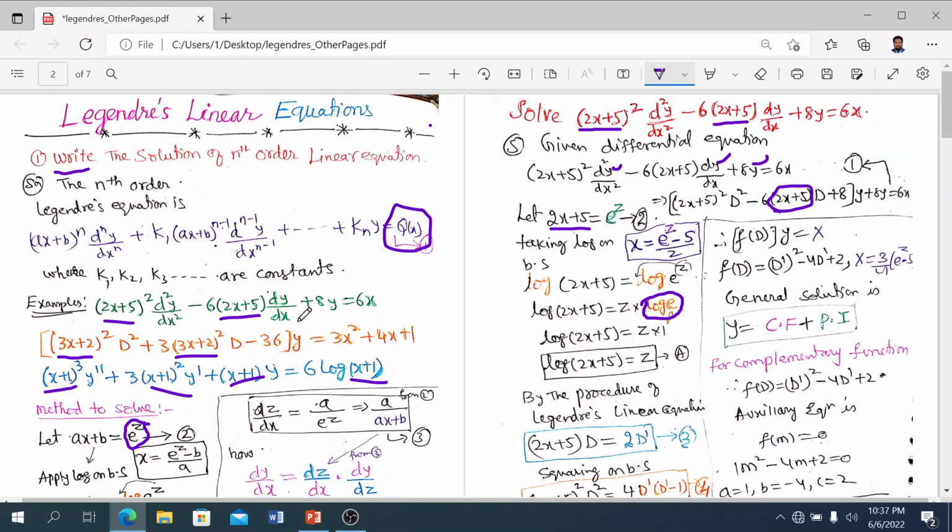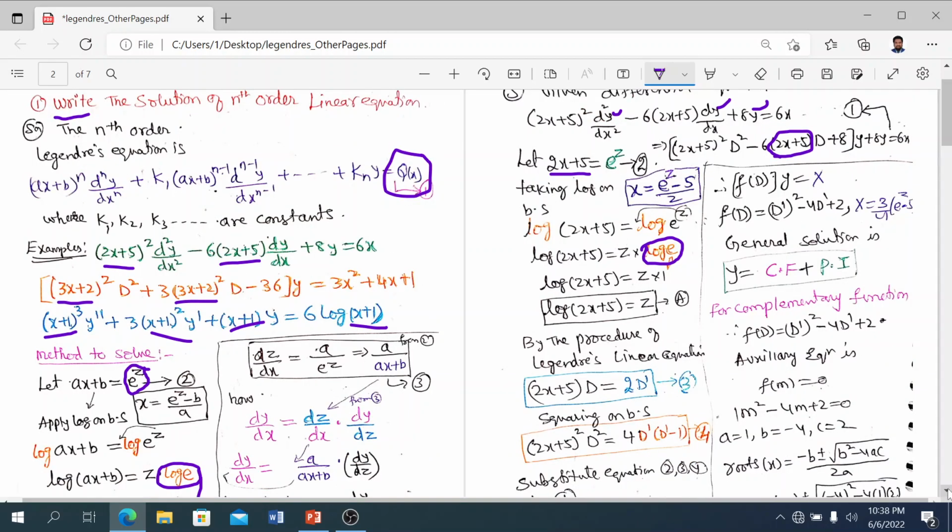Now as I have shown you the procedure of the Legendre linear equation, this (2x plus 5) d is equal to 2d dash. See, 2 times, so derivative means 2d dash. This x value will come here, 2d dash.